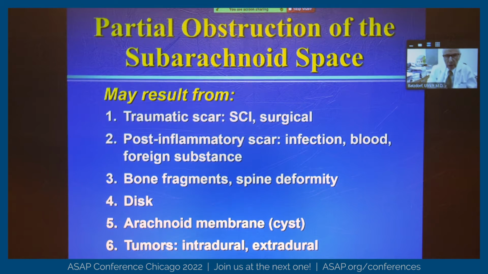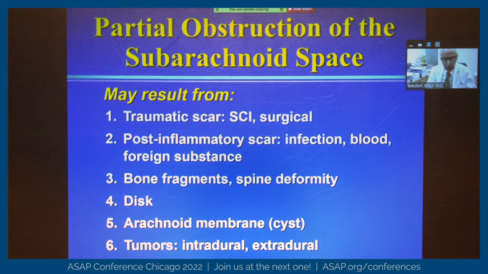And there are a number of different obstructions that we can recognize. The most common, obviously, is a scar from the spinal cord injury, or for that matter, as you will see, also from surgery.